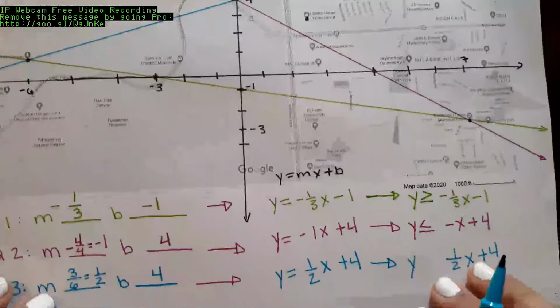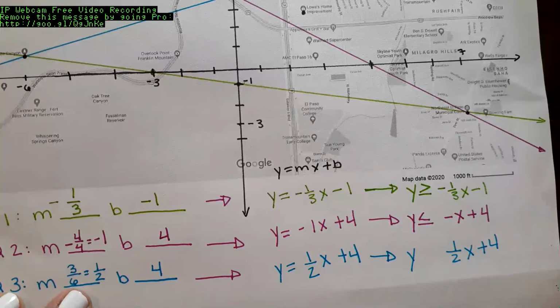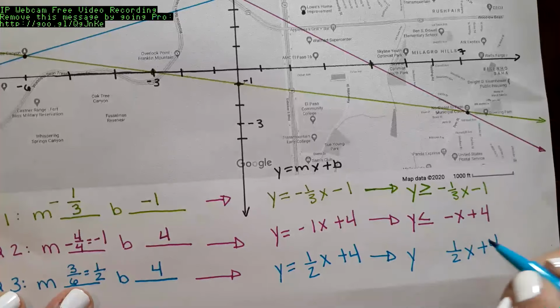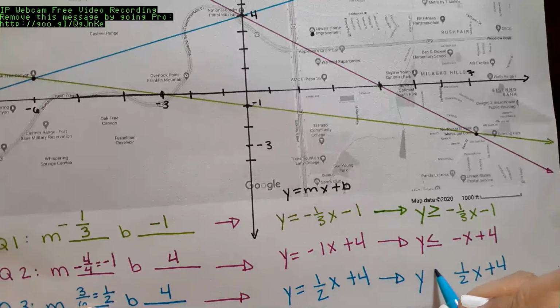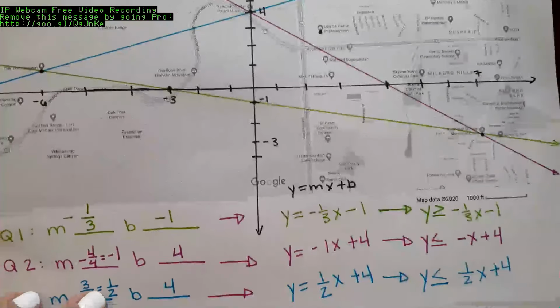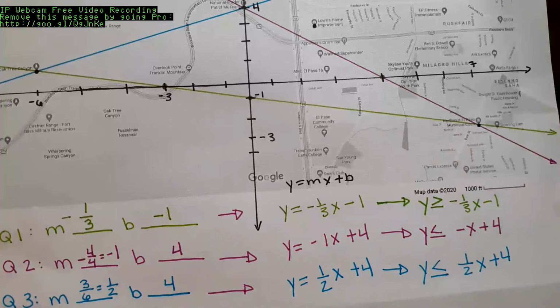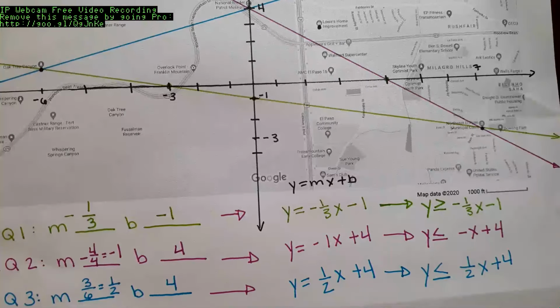And if I answer my own question, what do you think it's going to be? So if you said below, you are exactly right. So I want below, and I still want that solid line, so I'm going to put an equal sign under it. Okay, so that is the first part of what you are going to do.